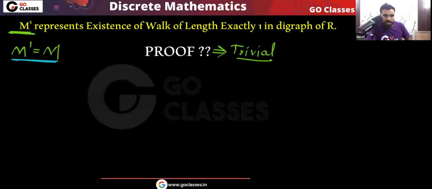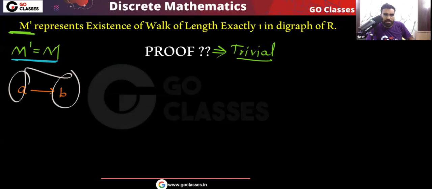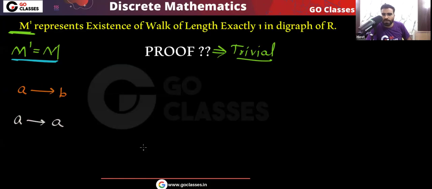So you can see in the graph, if there is a walk of length 1 from A to B, what does walk of length 1 mean? Just tell me a simple point. From A to B, or from A to A, what is the meaning of walk of length 1? Can anyone tell me?